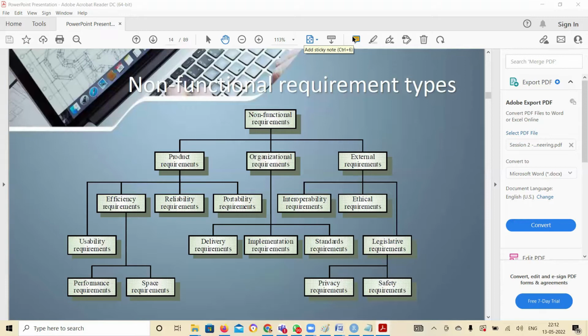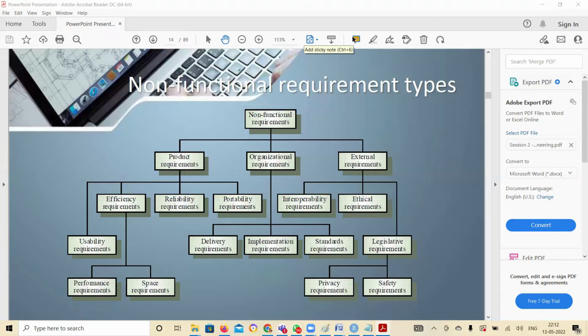That's an example of standard. Every industry has a specific standard, and here we're talking about those standards for a specific industry. So organizational requirements are your delivery, implementation, and standard: industry standard, domain standard, government regulation, things like that.